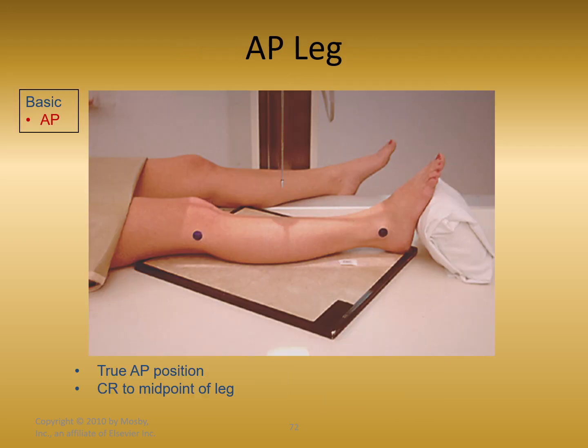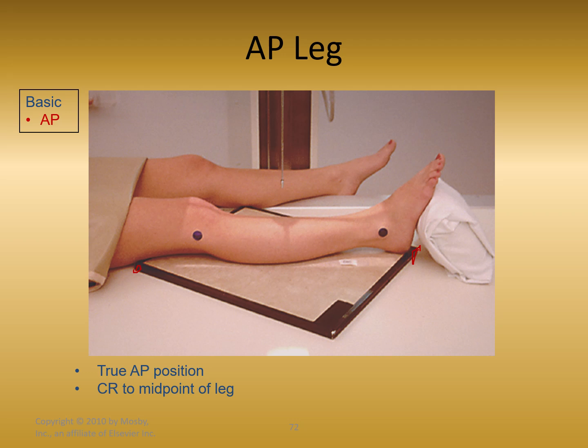All right, now here's the AP tib fib. Once again, they did the corner to corner thing. You see how the knee is pointing towards this corner, and then the ankle is down here to this corner. They just put the leg diagonally on the IR, turn the box so that the center ray is along the long axis.